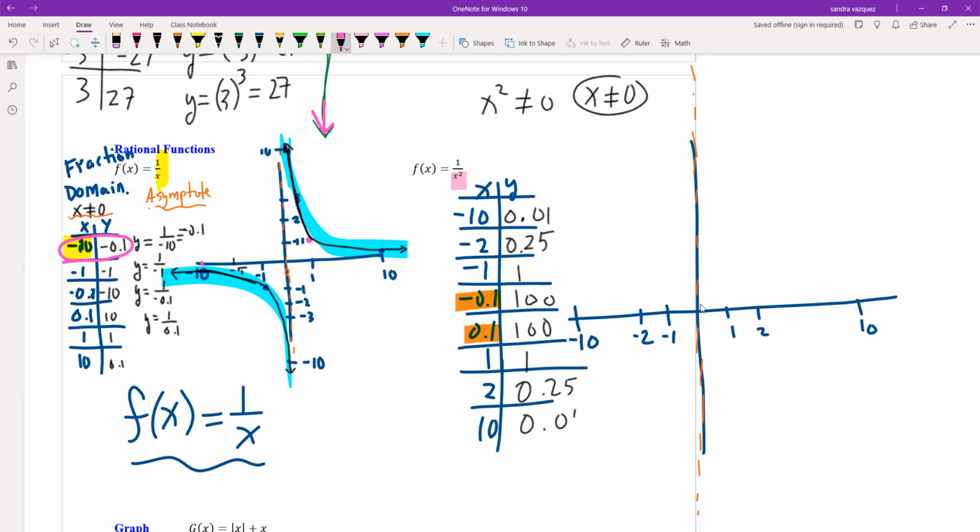Okay, so then I can have -10 and 0.01, which is very small, and then -2 and 0.25, that's something a little bit bigger. And then -1 and 1, I'm going to label my 1 right here. And then -0.1 and 100, so something like over here. And then I can make my connections right here.